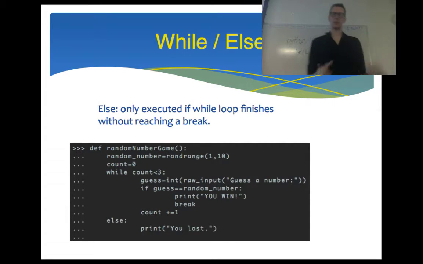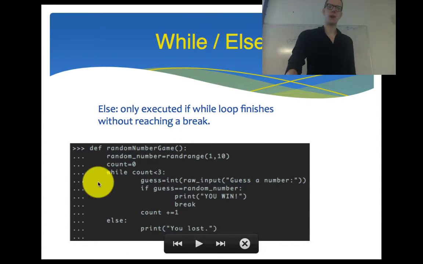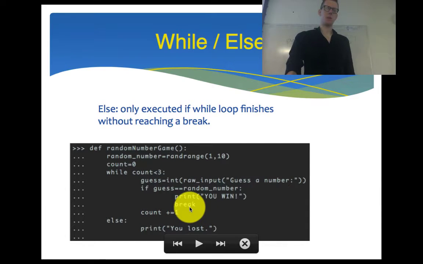So I don't expect you to type this entire example, but it's a way of running a random number game, where a user has to guess a number that the computer generates, and we're going to use the break statement to make sure that we don't print that they lost if they get the number right. So I do def random number game, which defines a function called random number game.